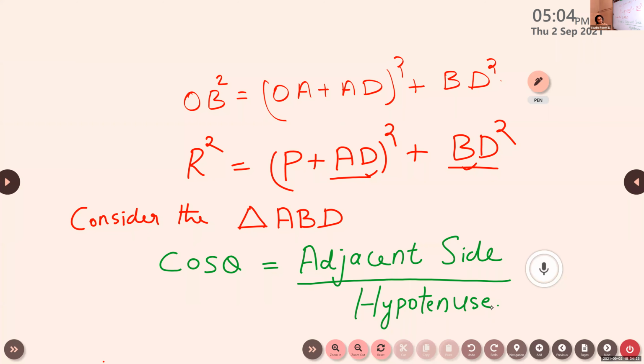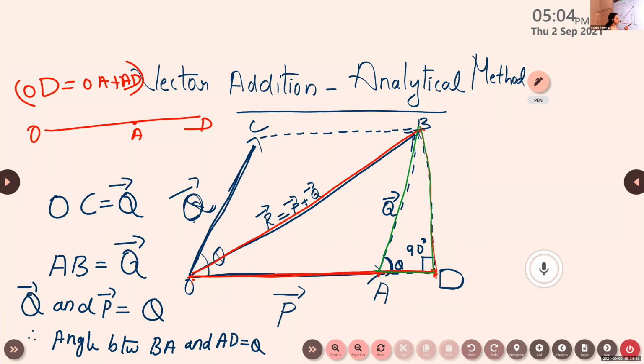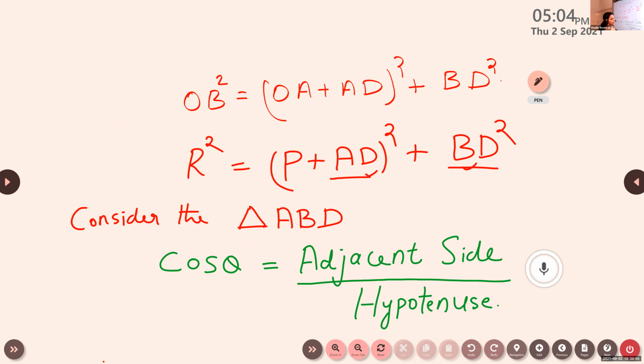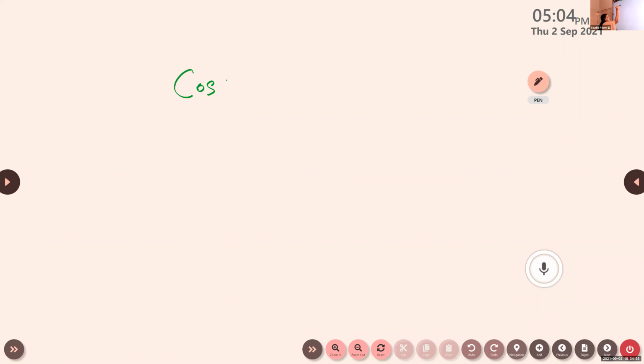So in order to find the expression for AD and BD, we consider the triangle ABD and this angle theta. Cos theta is equal to adjacent side divided by hypotenuse. What is the adjacent side here? AD is the adjacent side. So once again I write the equation: cos theta is equal to adjacent side divided by hypotenuse.